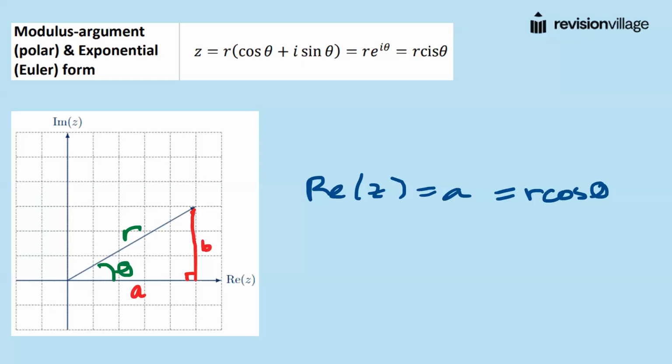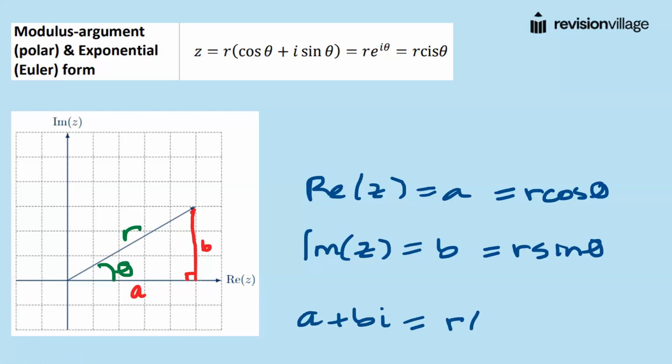Then looking at the opposite side, the imaginary part of this complex number is b. Using right angle triangle trigonometry, sine theta would equal b divided by r, because that's opposite divided by hypotenuse. Therefore the imaginary part would be r times sine theta. So when we add together a plus b times i, we get r times the cosine of theta plus i sine theta.